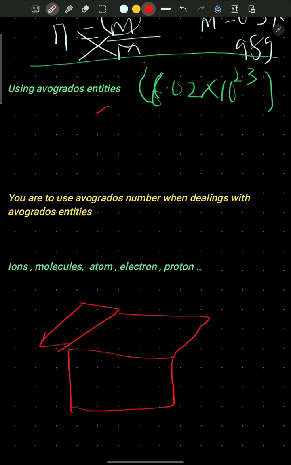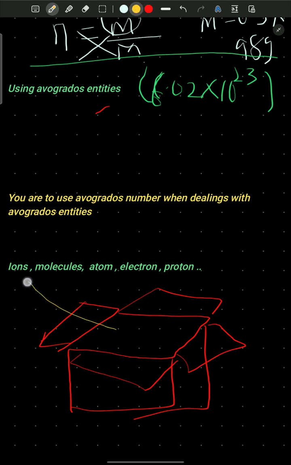Inside the carton, anything that comes out from the carton must contain Avogadro's number. And what comes out of the carton are ions, molecules, atoms, electrons, and protons.